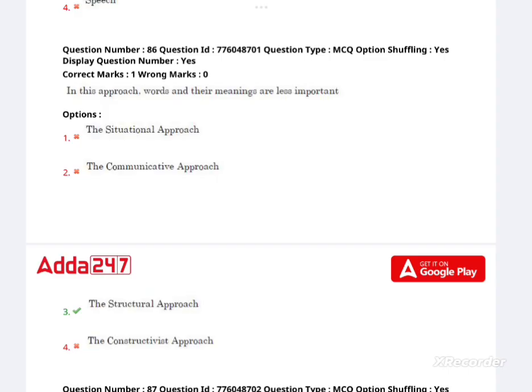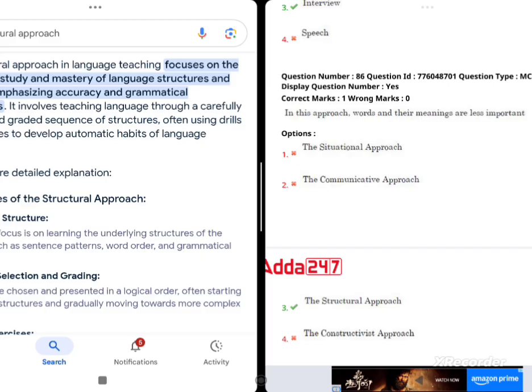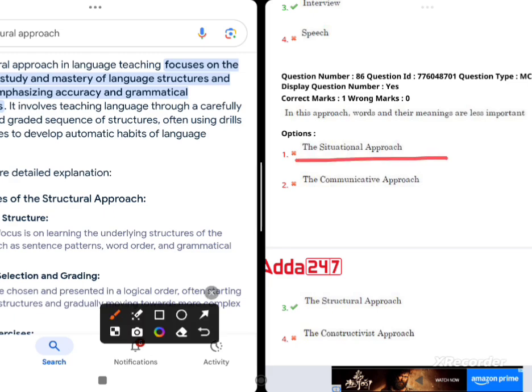Here we try to know other options also. Structural approach is language teaching focused on the systematic study and mastery of language structures and patterns, emphasizing accuracy and grammatical correctness.